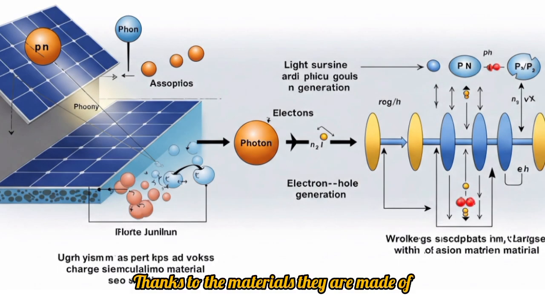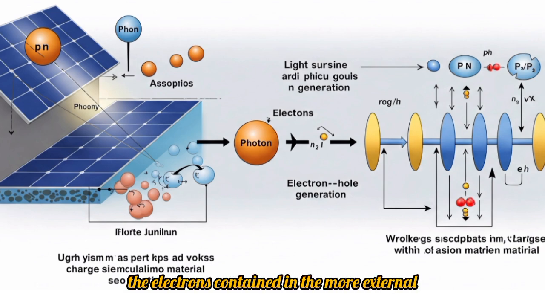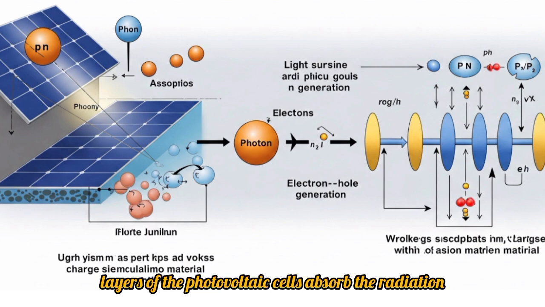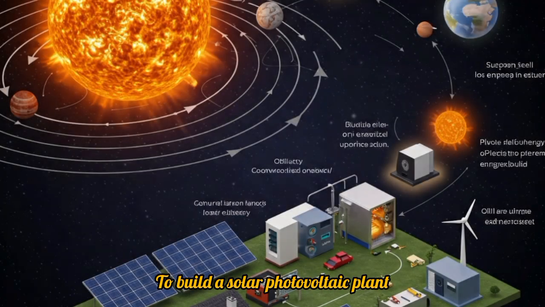Thanks to the materials they are made of, when the sun's rays strike them directly, the electrons contained in the more external layers of the photovoltaic cells absorb the radiation and generate direct current electricity. To build a solar photovoltaic plant, these solar cells are connected in series to be integrated into a single module, forming photovoltaic panels.